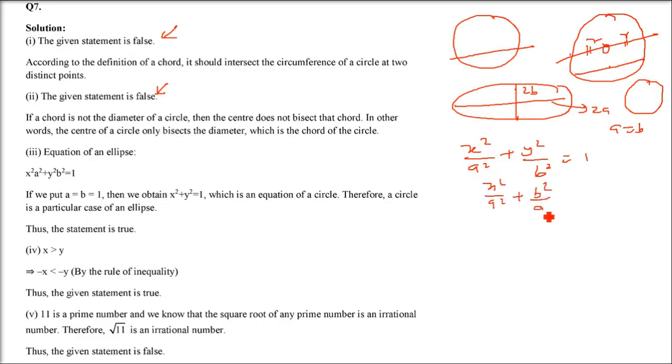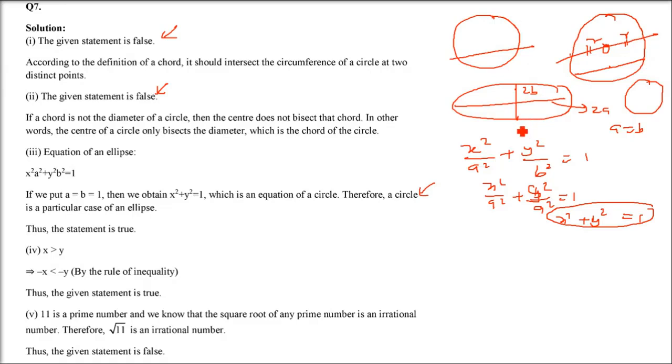So we are talking about an ellipse with equal distance from the center to all the points. Just put A square equals B square, you will get x square plus y square equals 1, and this is the equation of a unit circle. So this is an ellipse which is becoming a circle.